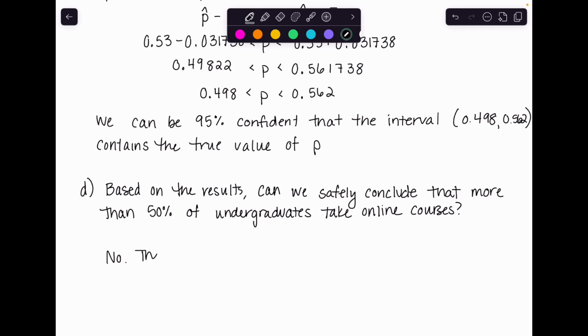The lower bound is 0.498. So it's possible the percentage falls below 50.